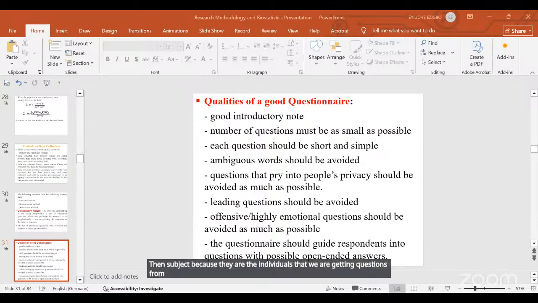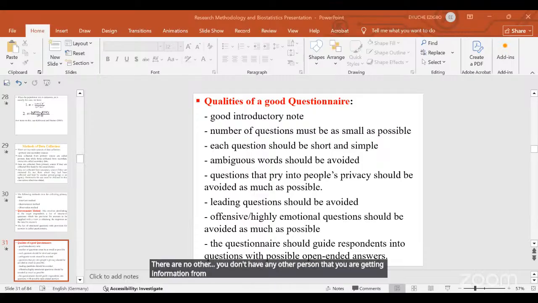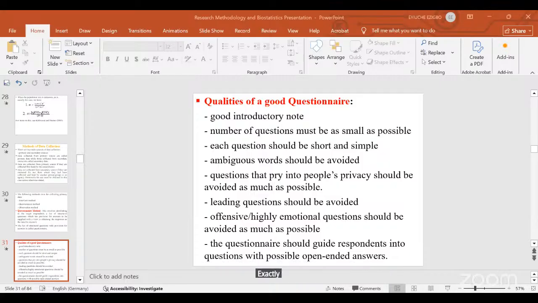In other words, the responses are coming from them. What you are working with is what you have obtained from them. You don't have any other person that you are getting information from. Is that clear? Now, finally, we look at observation method.